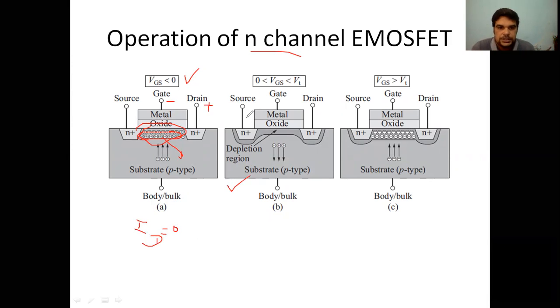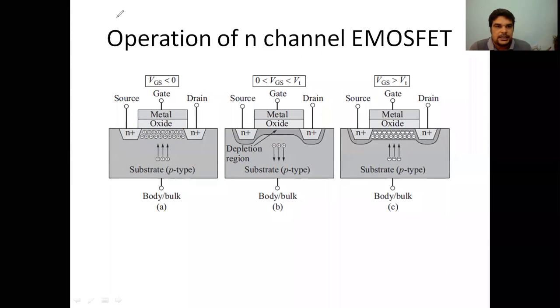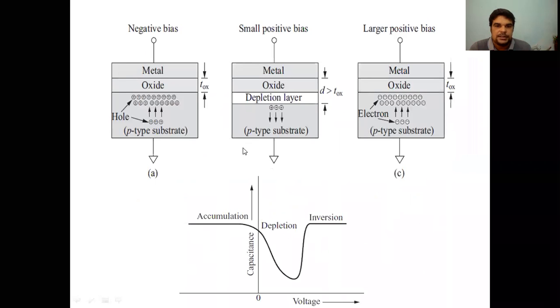Now, how is the depletion region formed? When VGS is greater than 0 and less than a voltage that is known as the threshold voltage. If VGS is less than the threshold voltage but greater than 0, a depletion layer will be formed, exactly the same as we discussed previously.